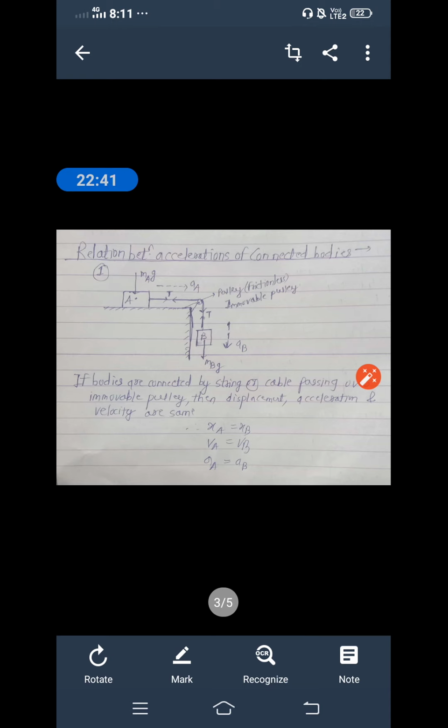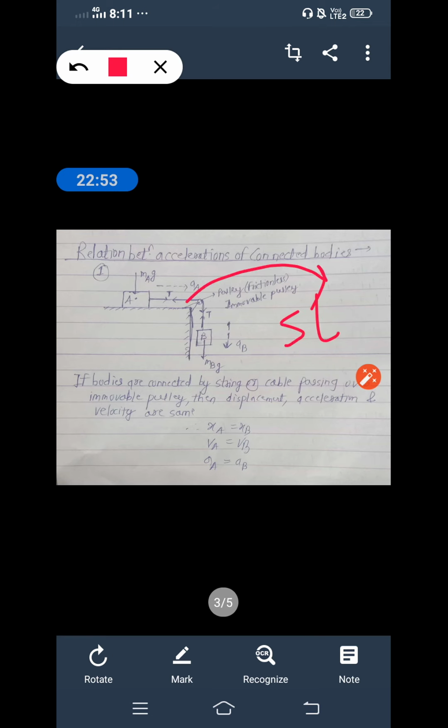One body A is placed over the surface having mass ma, and with the help of a string, one string is attached to that block.